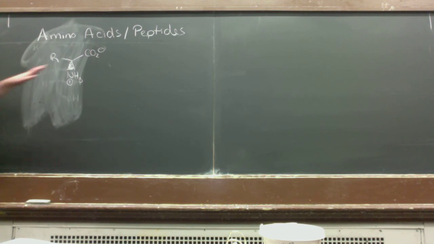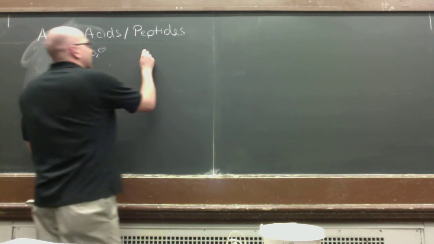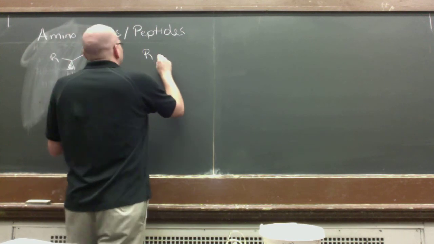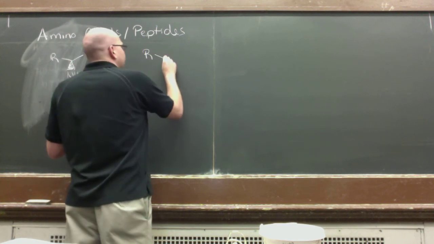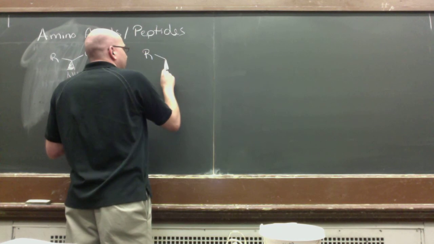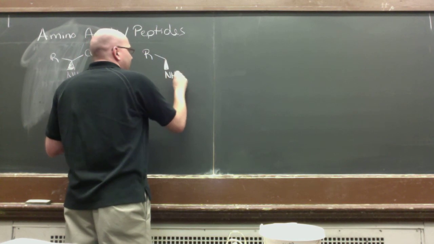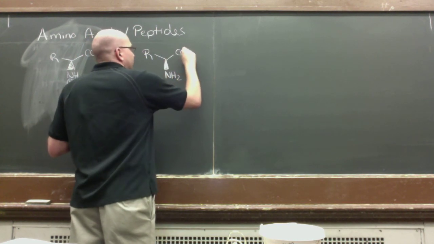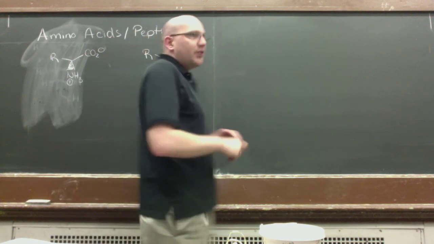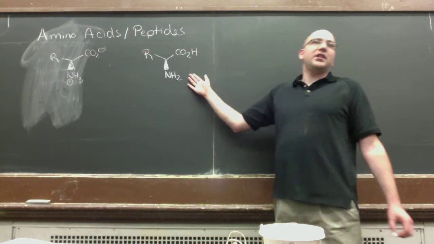On the one hand, you have a carboxylic acid, and the amine. I've shown them in, say, for example, neutral pH. In terms of the neutral state, what we have here is a carboxylic acid and amine.